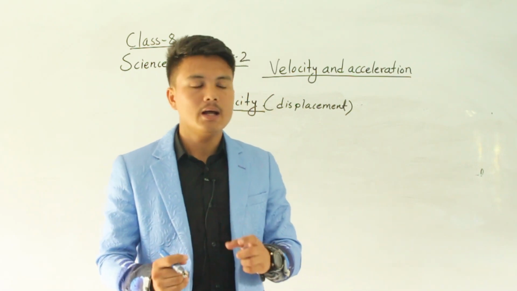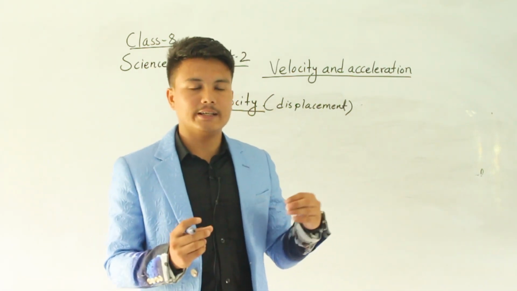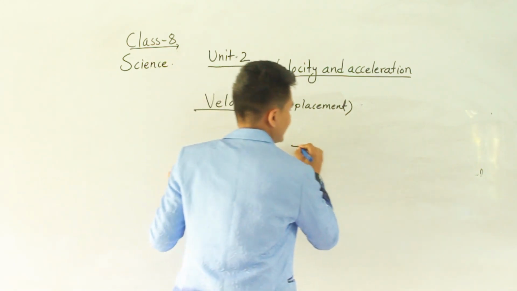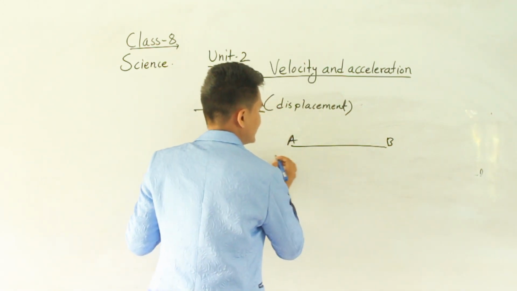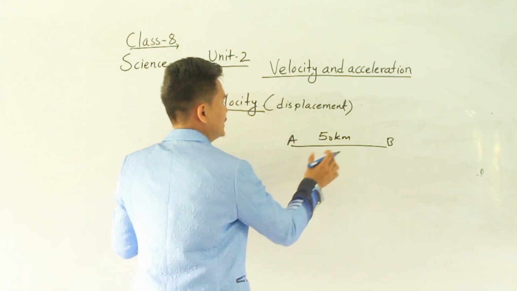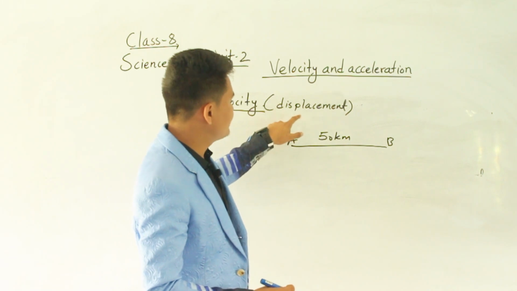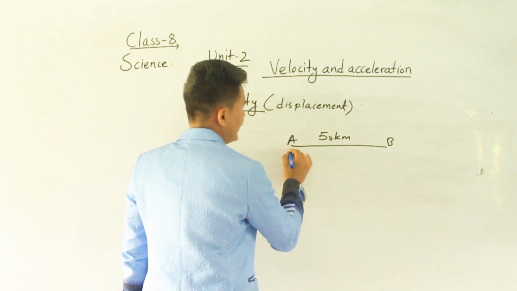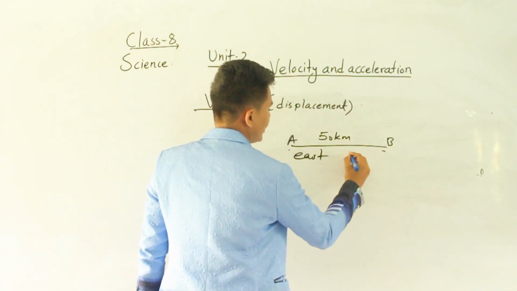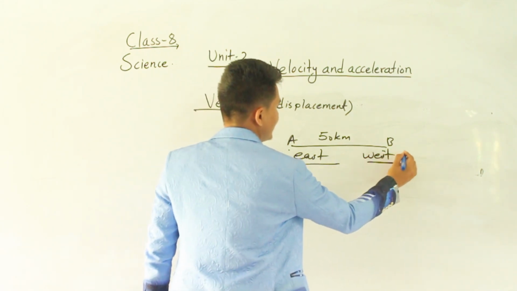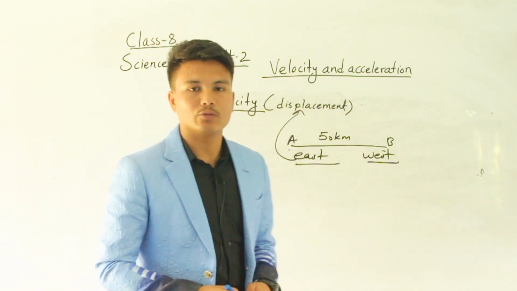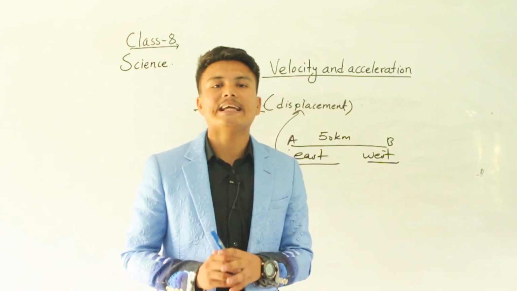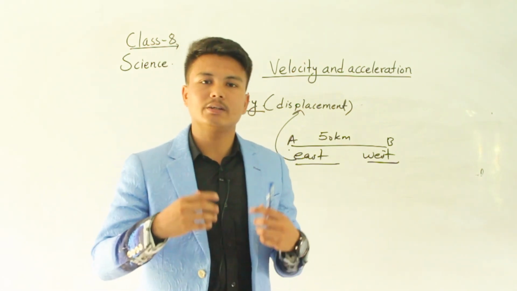For example, if a person walks 50 kilometers from A to B, it can be distance as well as displacement. But when we see a direction, like A to B moving east or west, it comes under displacement. So displacement is a vector quantity which has both magnitude and direction, but distance is a scalar quantity which has only magnitude but no direction.